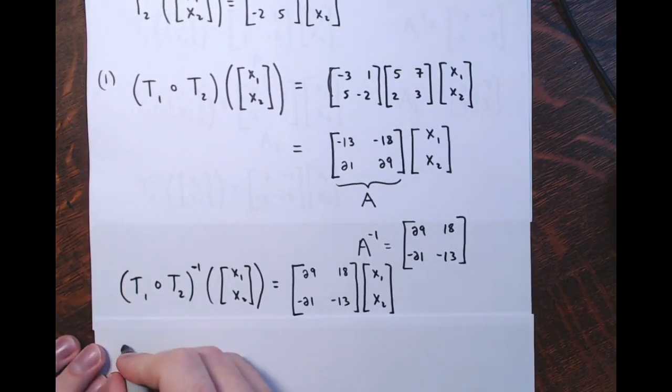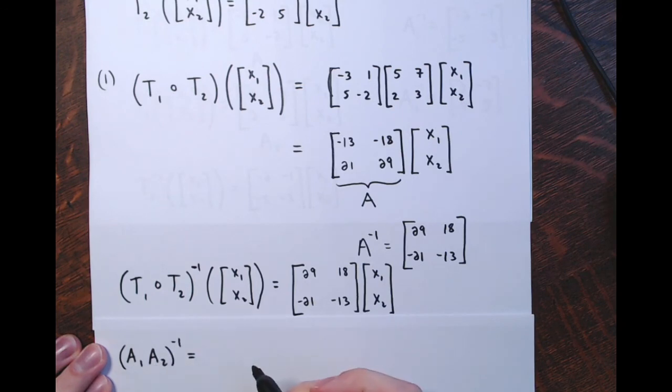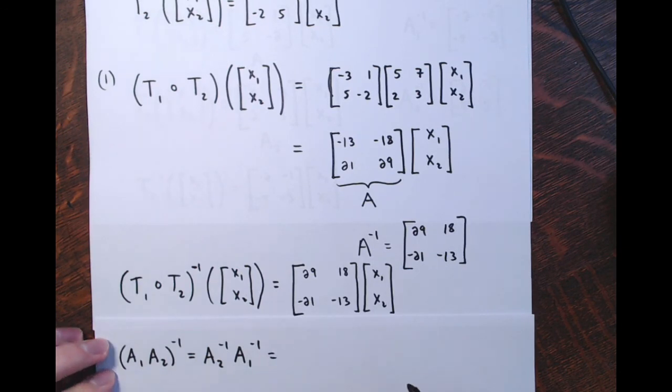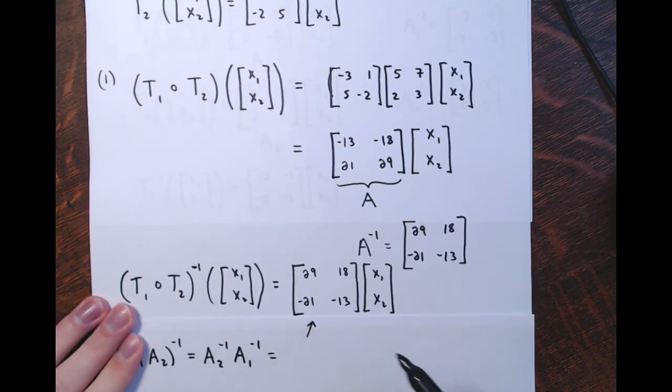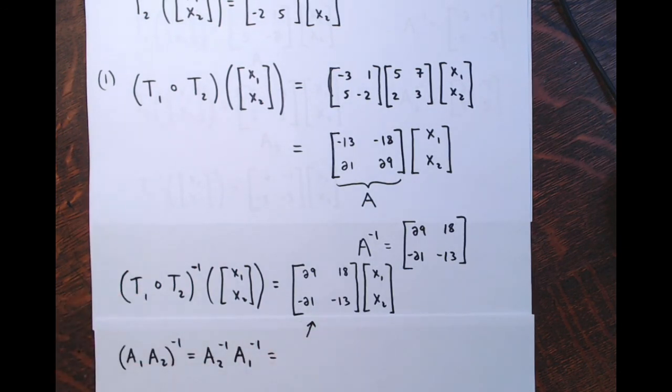Remember, A1 times A2 is the standard matrix for T1 composed with T2. If I take the inverse of that, remember the inverse of a product of two matrices is the product of their inverses reversed. I had A2 inverse and A1 inverse written down earlier, and we're going to see that it's equal to that matrix there, the matrix for the inverse of the composition.